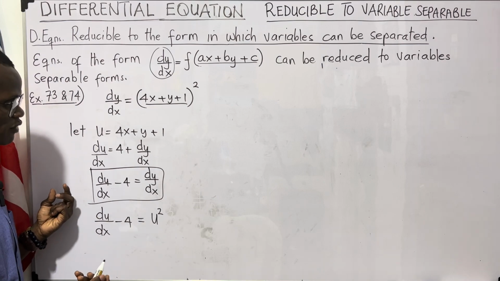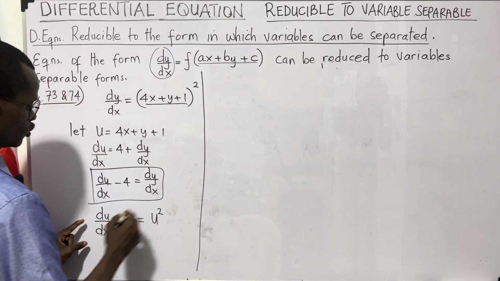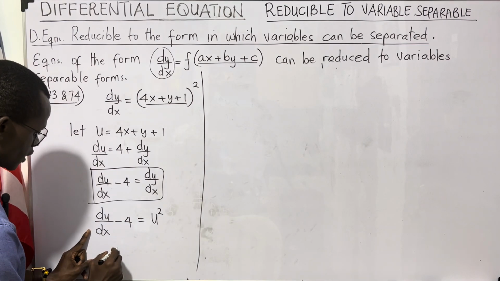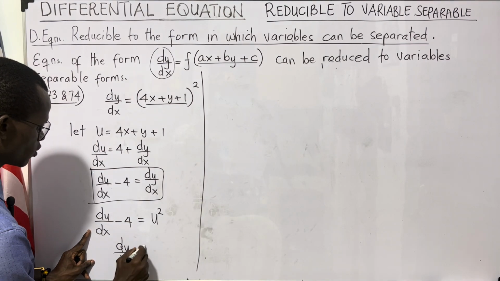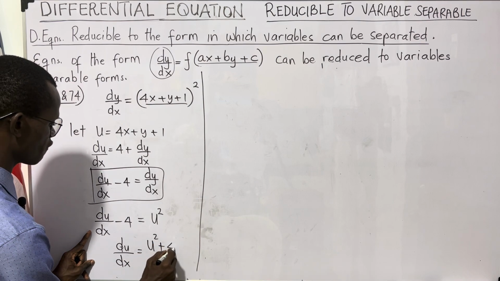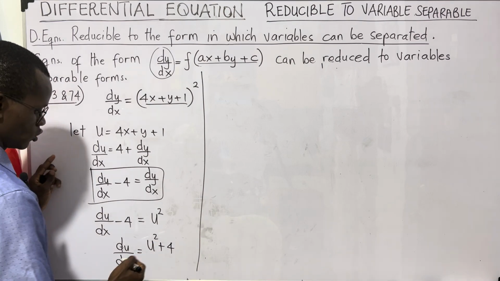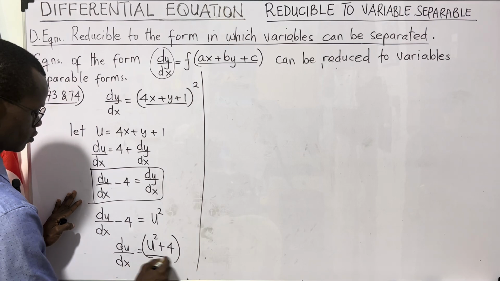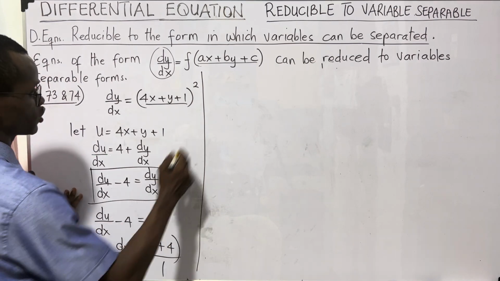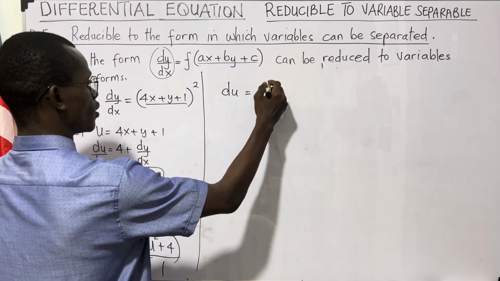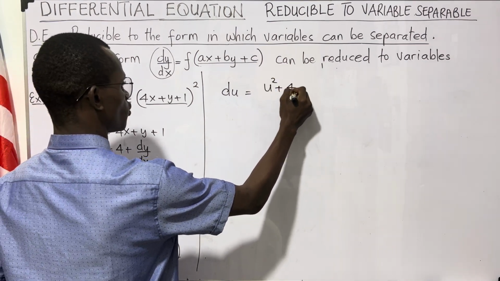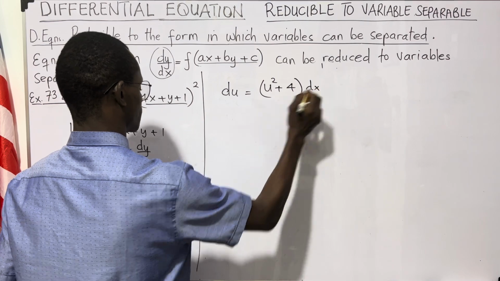We can now separate the variables and solve. So we have du by dx is equals to u squared plus 4. So what do we do? Cross multiply. So du now is equals to u squared plus 4 dx.